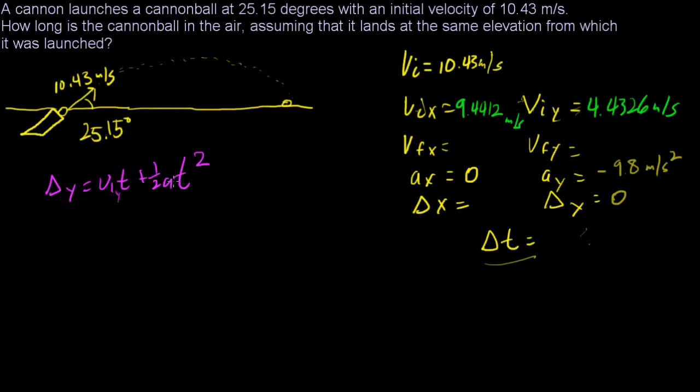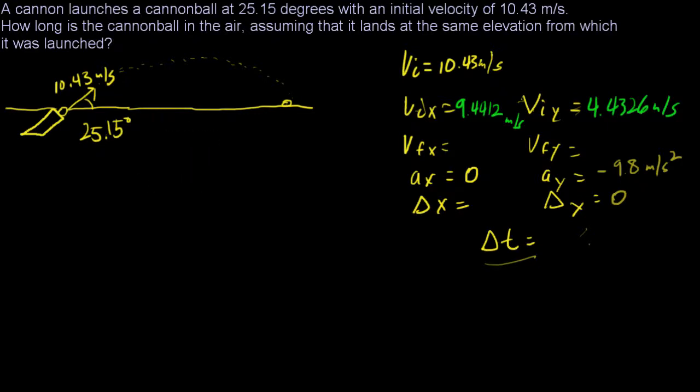It should be VIY, it should be AY, you know. In the past, we were kind of lazy and we didn't put our subscripts, but now that we could conceivably have a VIX instead, or an AX instead, we need to put our subscripts on these. So this won't work. We can't use that equation. So that must mean that we're going to need to find VF.